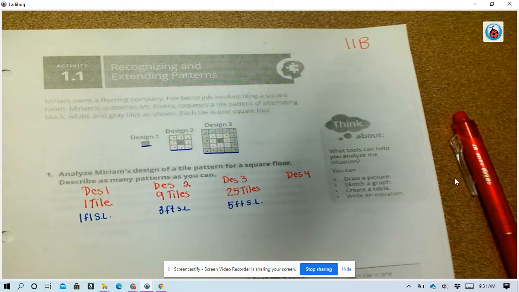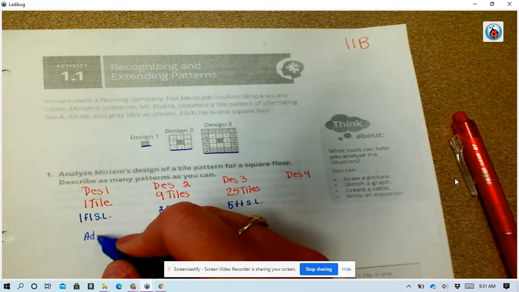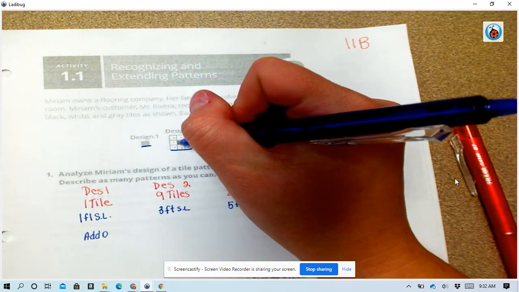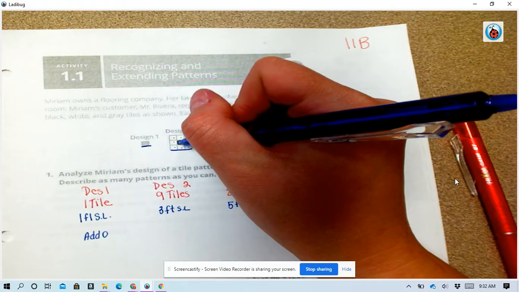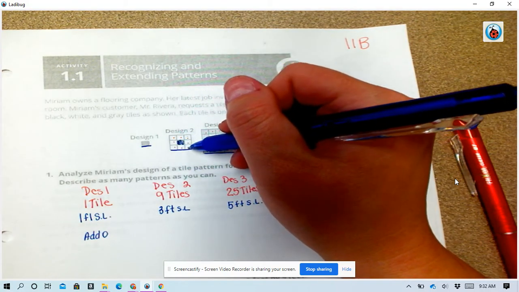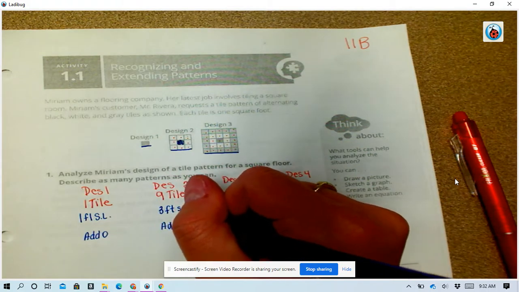Then I wanted to see how many were being added. So in this first design, we didn't add any. So if we started off with 1 black tile, how many tiles did we add? We added 8 tiles in design 2.